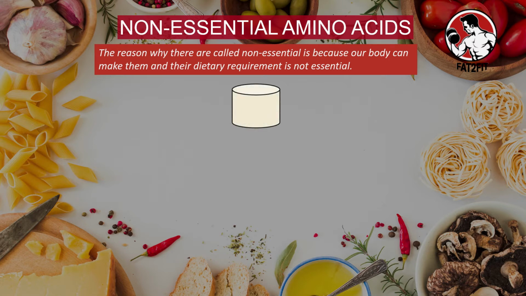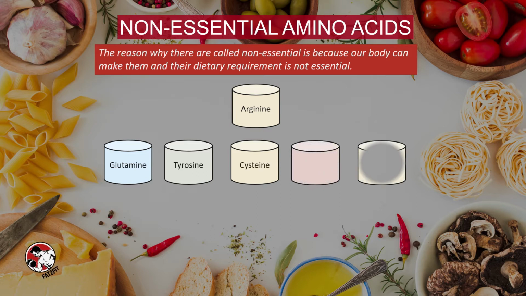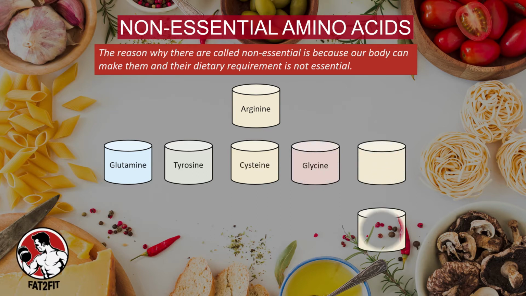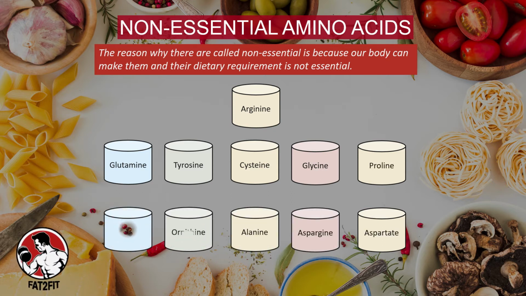There are 11 non-essential amino acids: arginine, glutamine, tyrosine, cysteine, glycine, proline, serine, ornithine, alanine, asparagine, and aspartate.